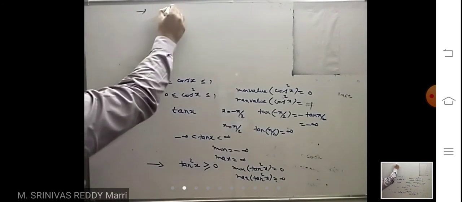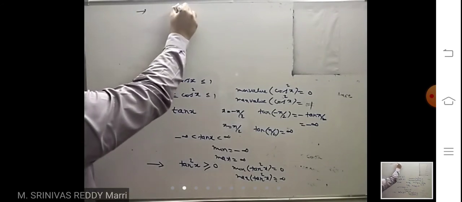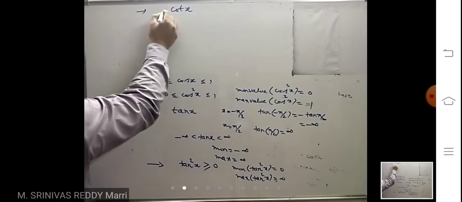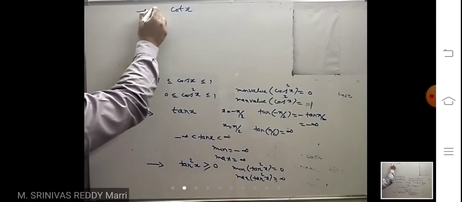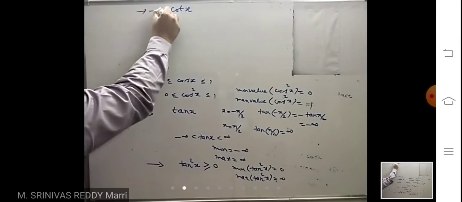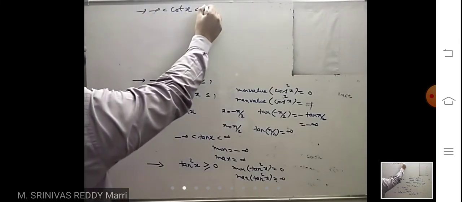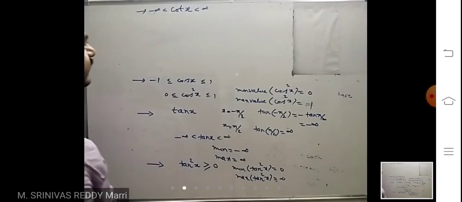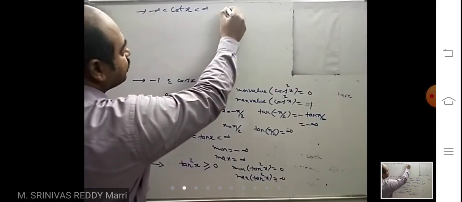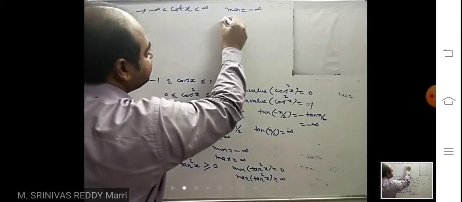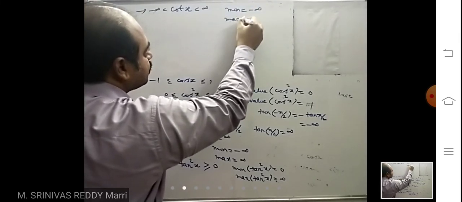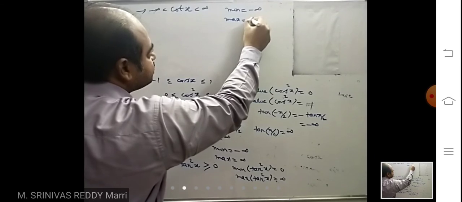Suppose cot x. Similarly, cot x lies between minus infinity and infinity. The minimum value is minus infinity and the maximum value is infinity.